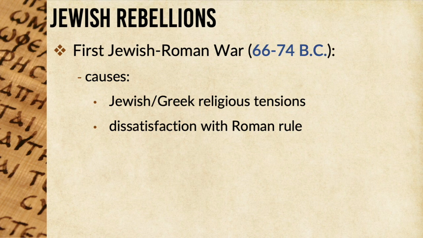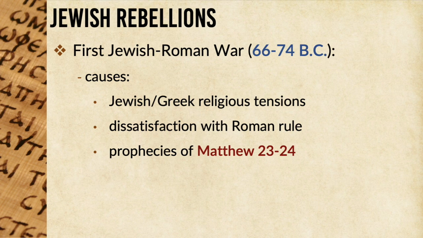I might just point out at this point in time that another cause of the Jewish-Roman war involves the prophecies of Matthew chapter 23 and 24. This is something that isn't politically correct necessarily to say, but it is absolutely what the Bible teaches, and that is that when this war breaks out and when the Romans end up destroying Judea and destroying the temple, it is in direct fulfillment of the prophecy that Jesus gives in Matthew chapter 23 and Matthew chapter 24.